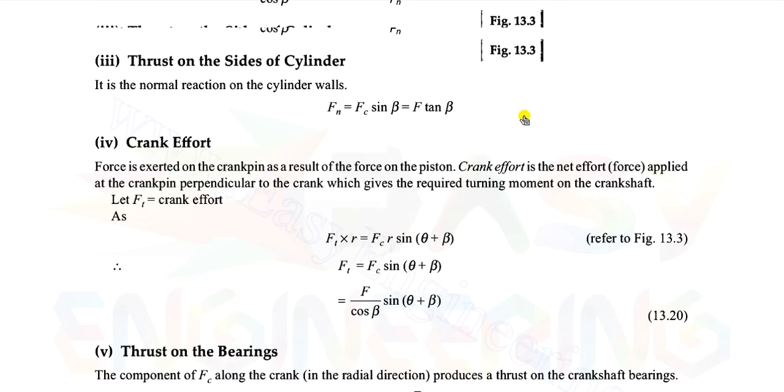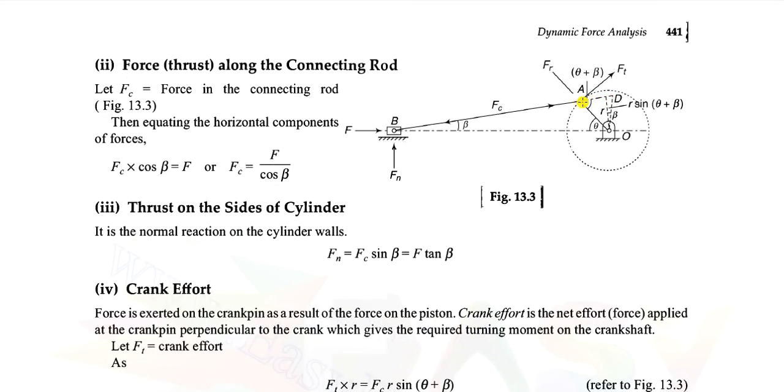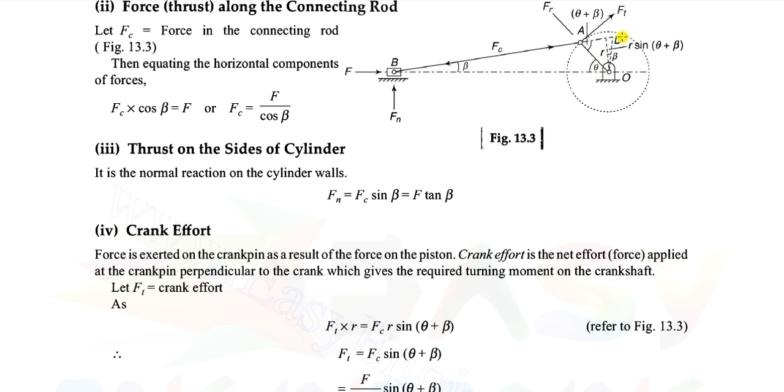Now you have to see this diagram. This is the extended portion, this is the vertical drawn. Okay, so this angle will be beta and this angle will be... it is not a vertical line, I think vertical is this. So he is calculating this line as R sine theta plus beta.